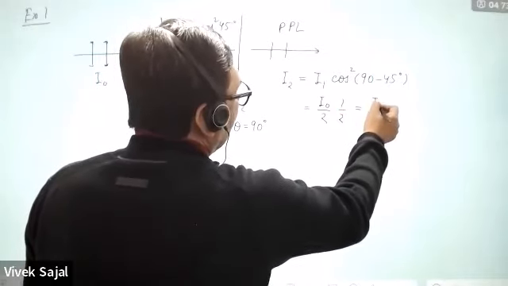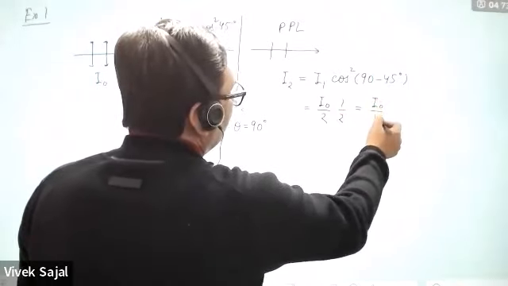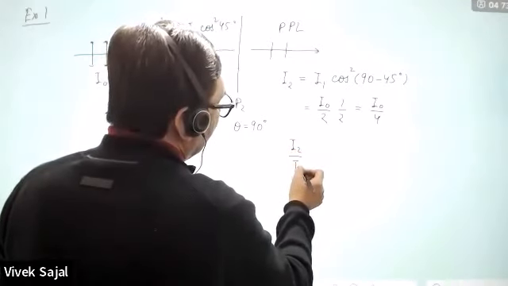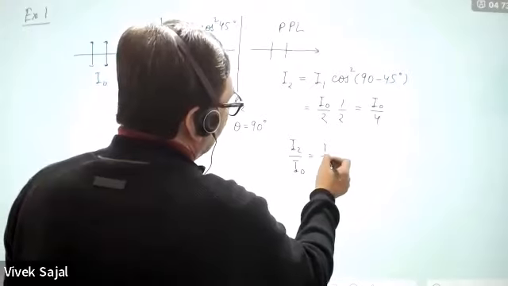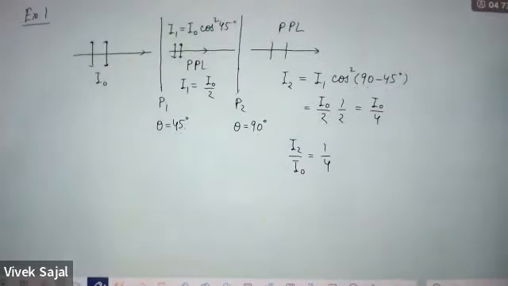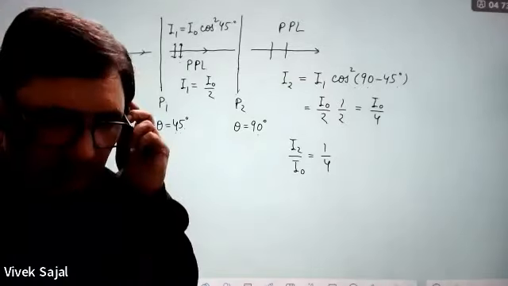So this is I naught by 4. So I2 by I naught will be 1 by 4. This will be your answer. Option B is the correct answer here.